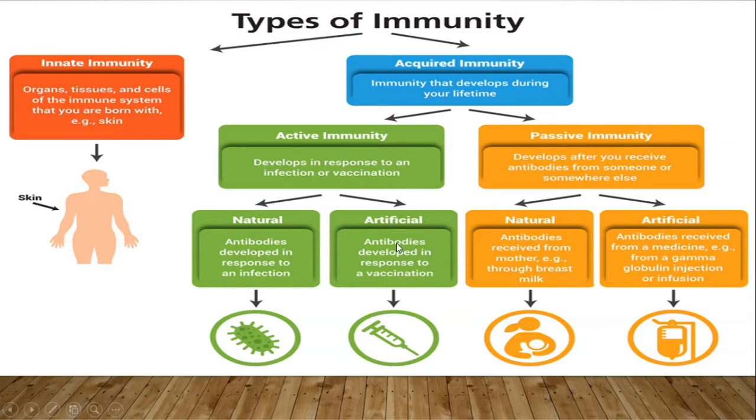Passive immunity is totally different. It develops after you receive antibodies from someone or somewhere else. For example, in artificial passive immunity, we inject artificially made antibodies such as immunoglobulins into our body. That may provide some defense against specific antigens.